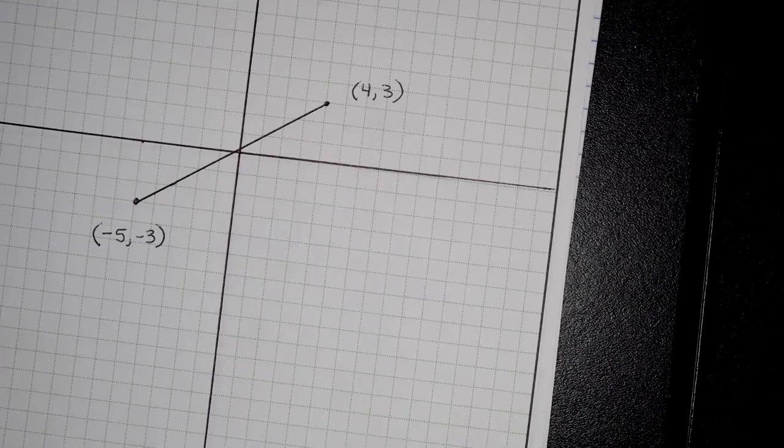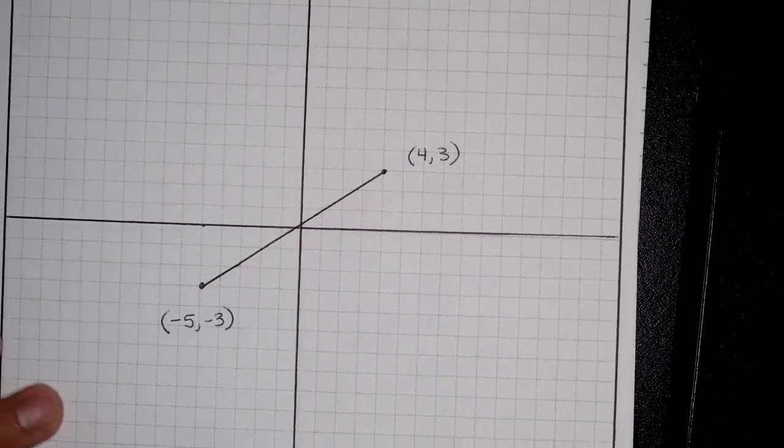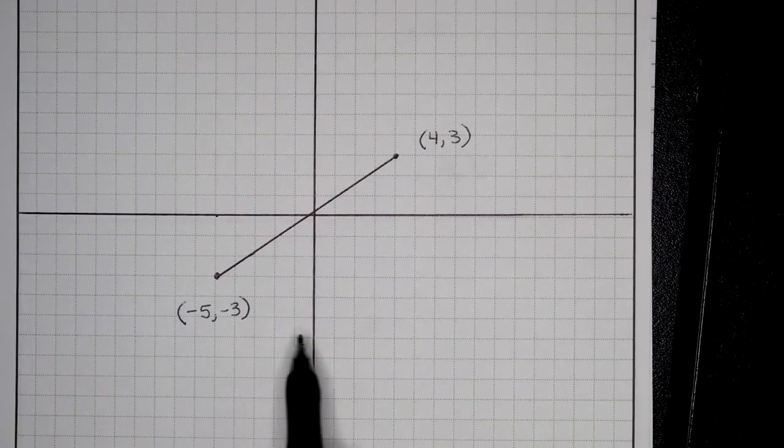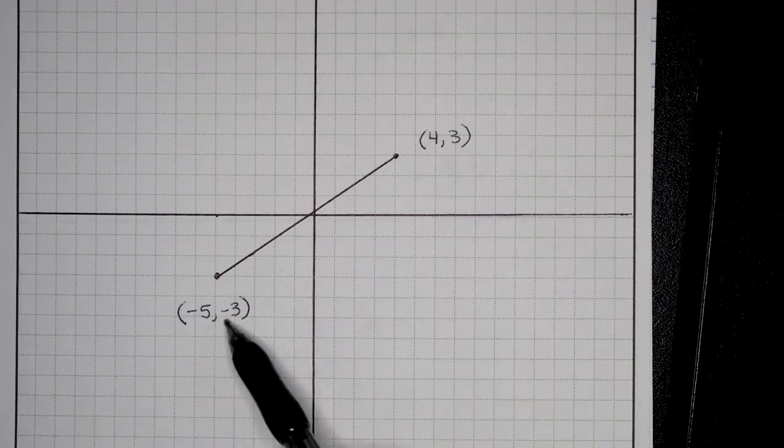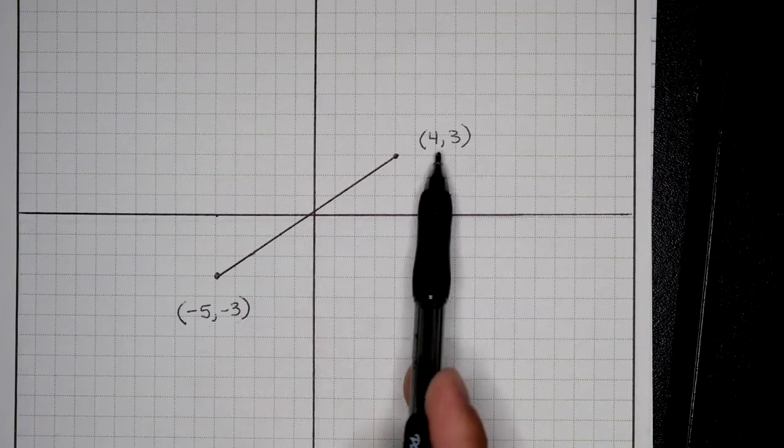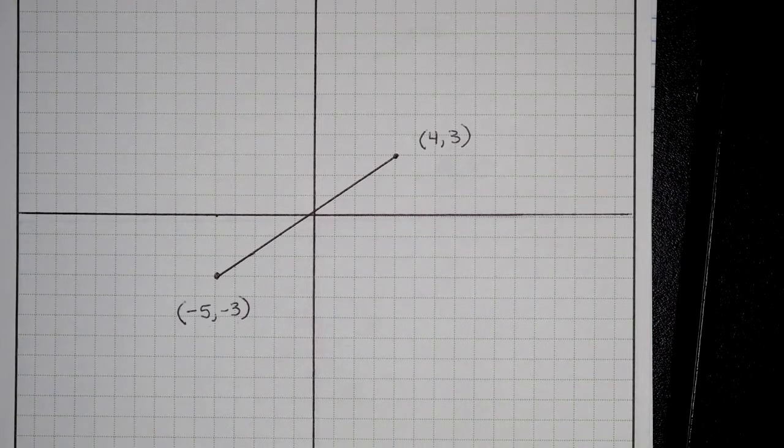So now let's take a look at something that isn't exactly parallel to the x or y axis. In this case, we're going from (-5, -3) to (4, 3) right here. And here's where we can use the distance formula if we want to.